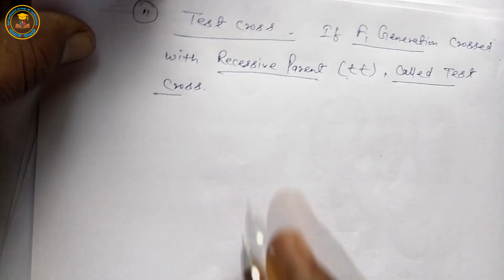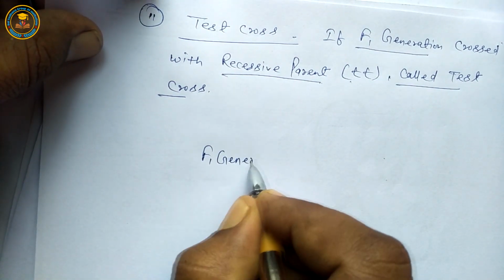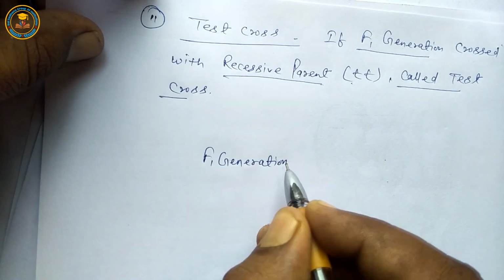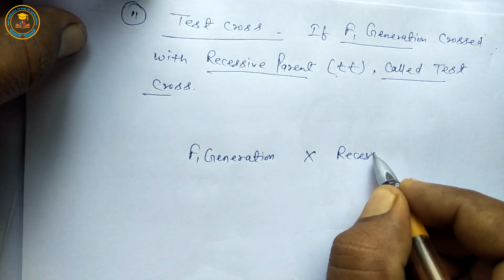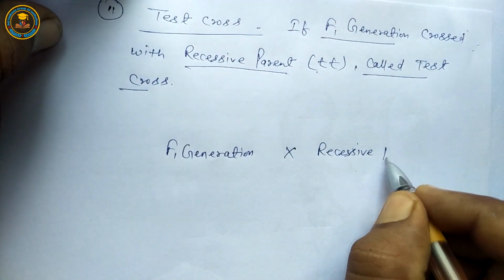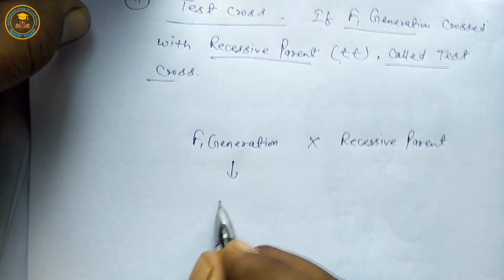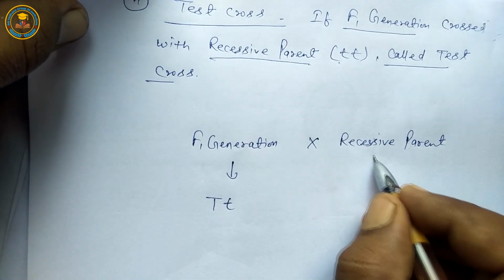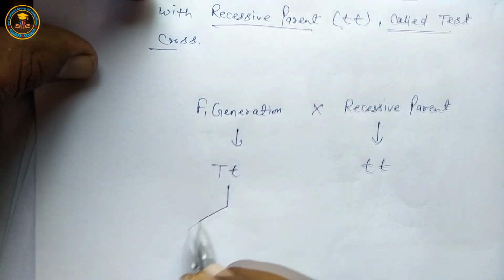Next, flow chart of test cross is: F1 generation crossed with recessive parent. F1 generation, it means capital T small t, recessive, it means small t.